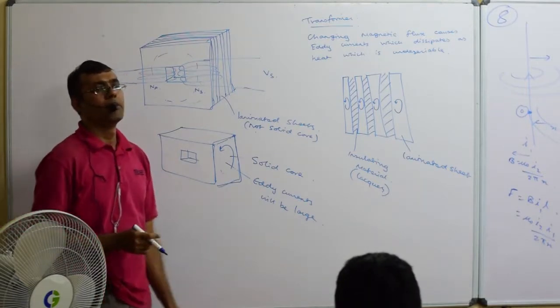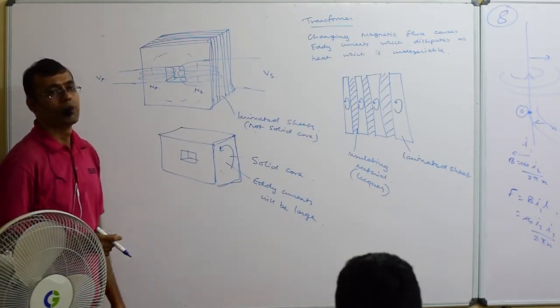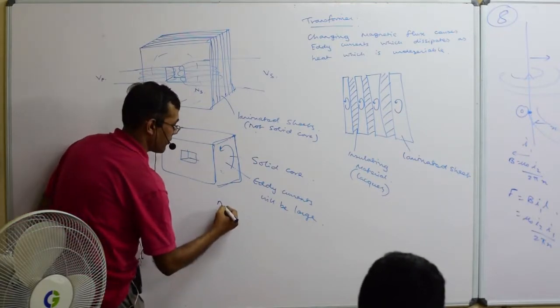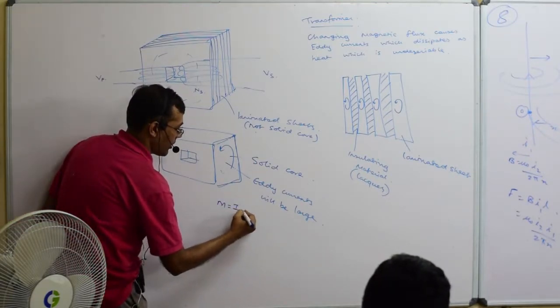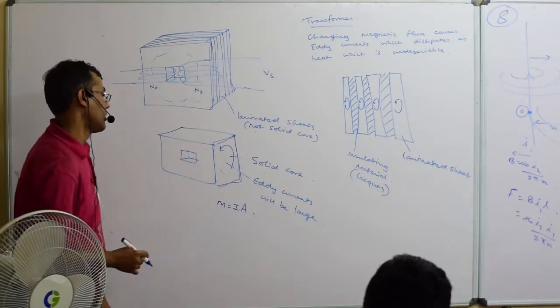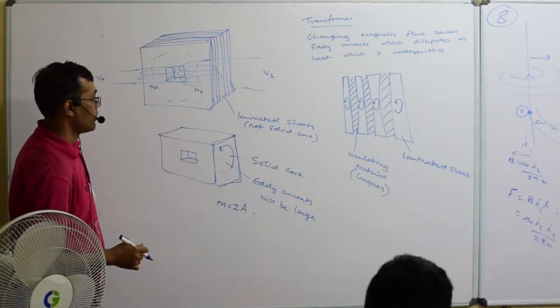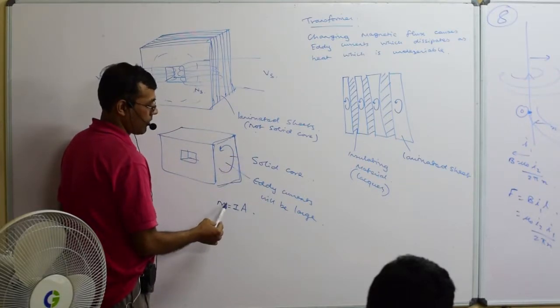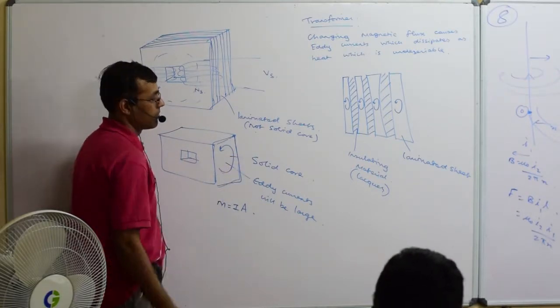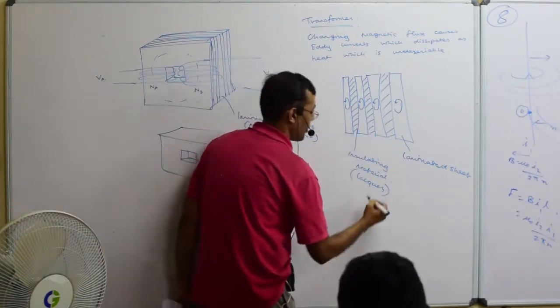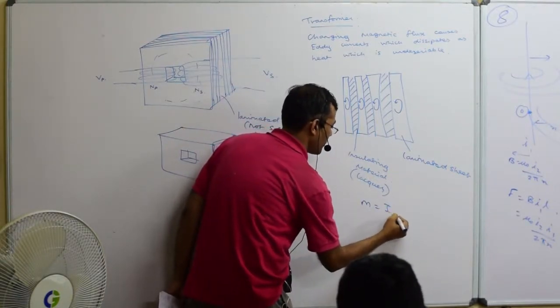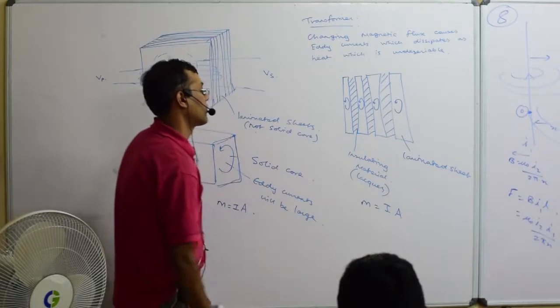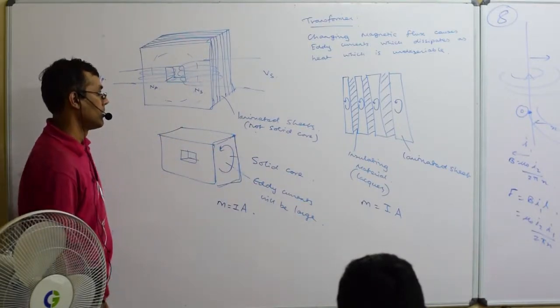Have you studied M is equal to IA? Small i, capital I. So if the area is bigger, the magnetic moment will also be bigger. Whereas here, if the area is smaller, M is equal to IA, so this will be smaller.